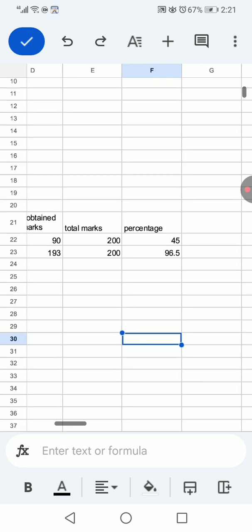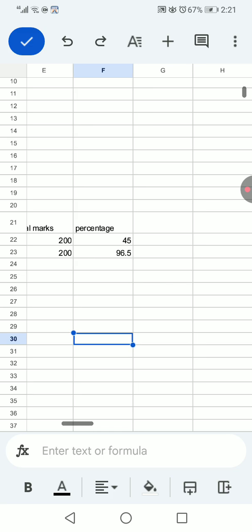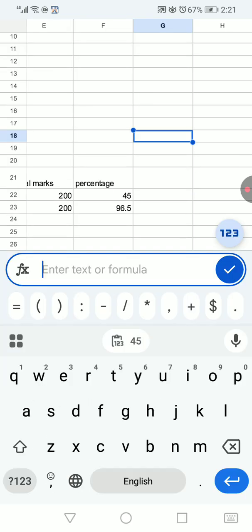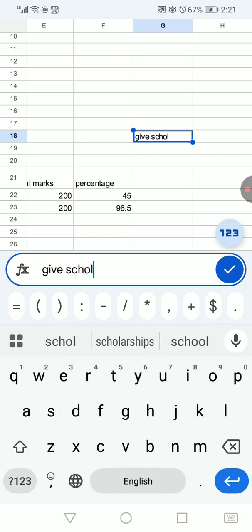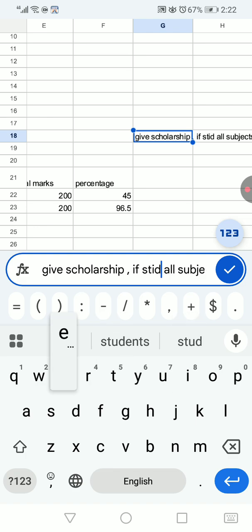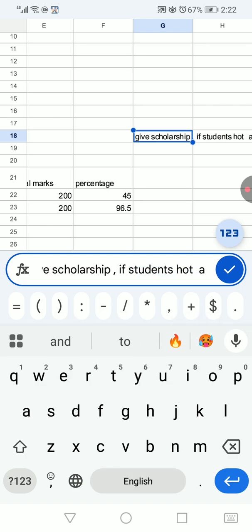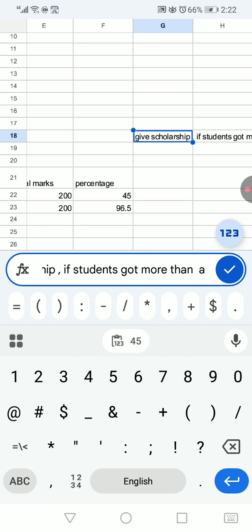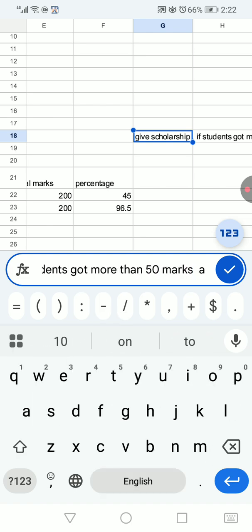Now there are two criteria. Why will we put two criteria? Because we need to understand IF and we need to understand AND. Criteria, first we will set: give scholarship to student if the student got more than 50 marks in all subjects.